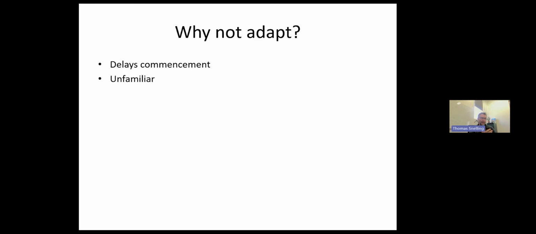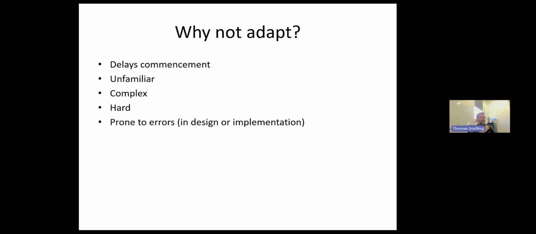Adaptive trials are unfamiliar, both for those investigators who are implementing them and people who are interpreting the results from the trial, and all else considered, we should be preferring things that are familiar. It adds complexity, and again, all else being equal, we should be trying to avoid unnecessary complexity. It's hard designing and implementing adaptive trials. It certainly makes the implementation and the design harder.